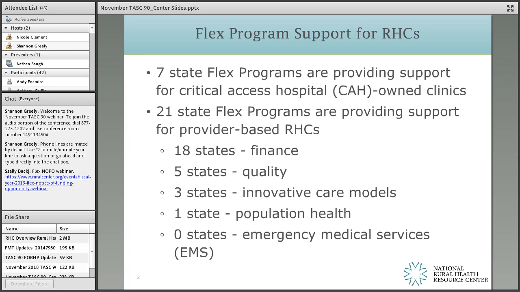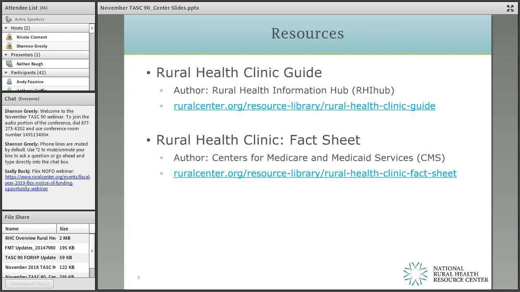As Sally mentioned, and as you can see here, there is a difference between critical access hospital-owned clinics and provider-based RHCs. Today's webinar, and also the January virtual knowledge group, will focus specifically on provider-based RHCs. Within those, 18 states are working in finance, 5 states are supporting them in quality, 3 states in innovative care models, and 1 state is currently in population health.